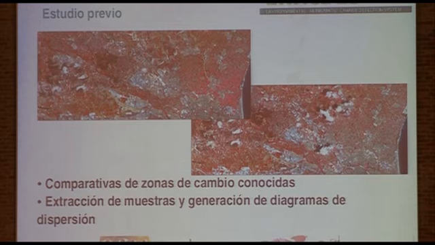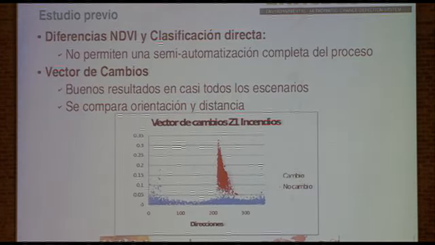On the left, you see more red dots, and on the right we have fewer dots. These pictures have been taken on different days. We have here the different crops. So what's really happening? We are comparing areas that we know, we extract some samples and we analyze them.